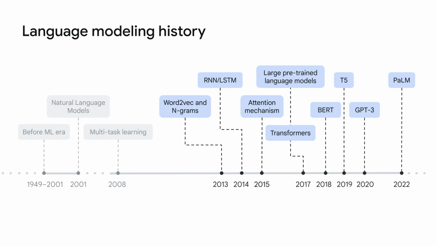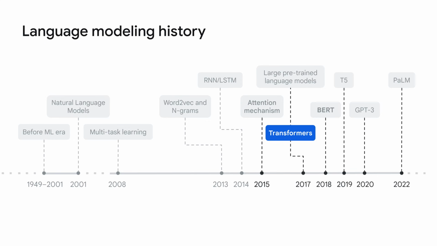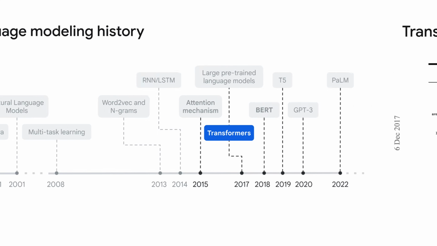In 2015, the excitement came with attention mechanisms, and the models built based on it, such as transformers and the BERT model. In this presentation, we'll focus on transformers.